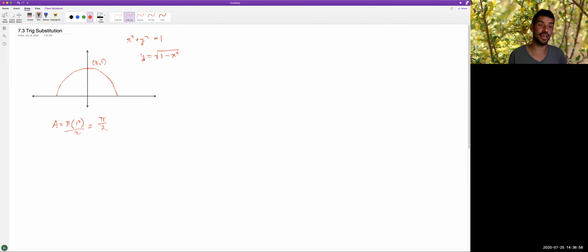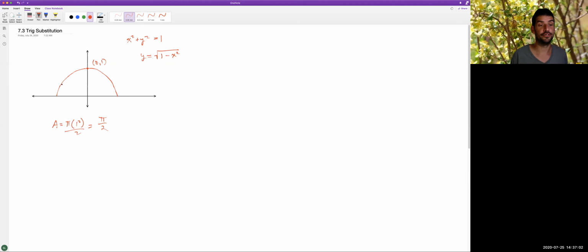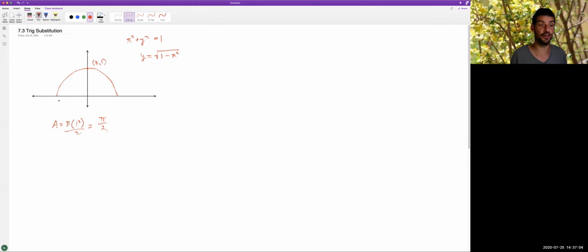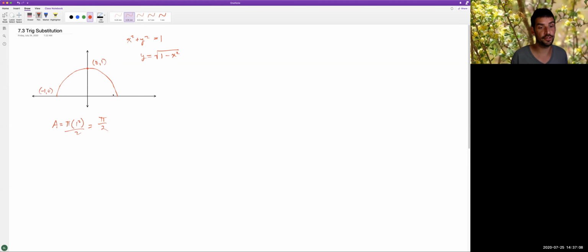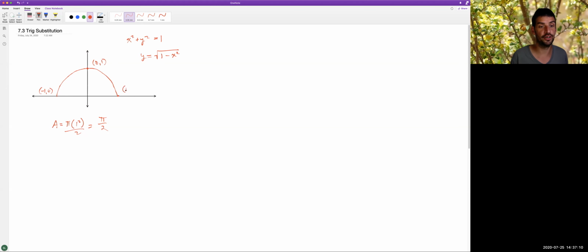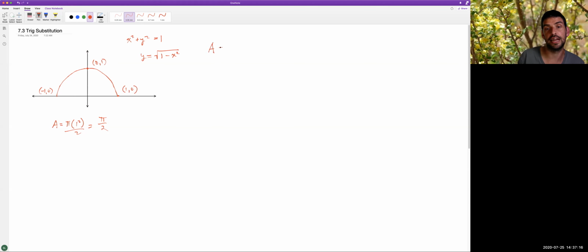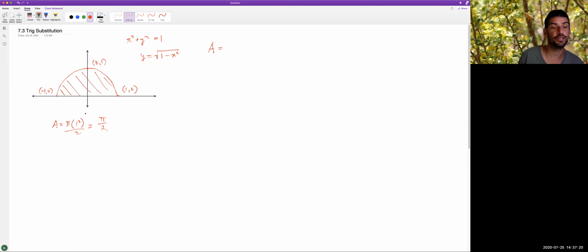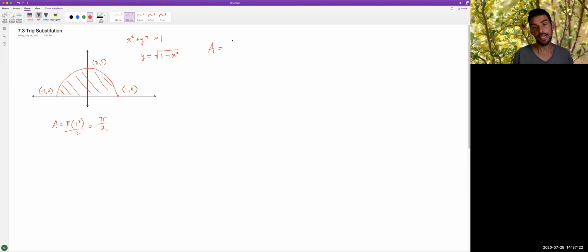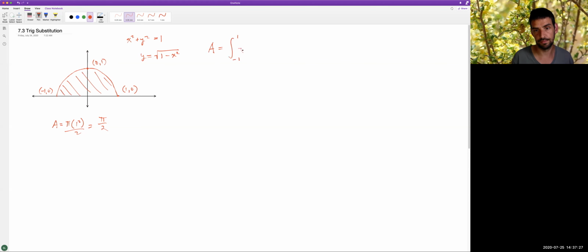So this here then is a function. This is the graph of this function, right? And this, of course, goes from -1 to 1. That's the corner there, or the intersection there, and the intersection there. So if everything we've been talking about in these videos is correct, the area under this curve, which of course is the area we just found, can be given by this integral.